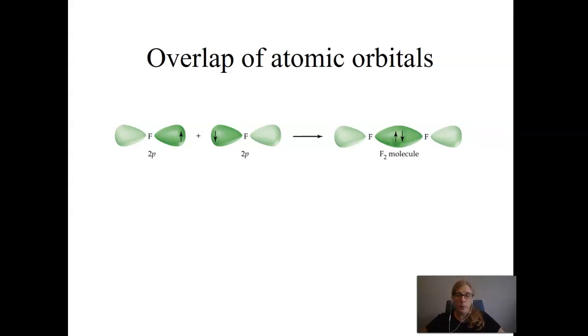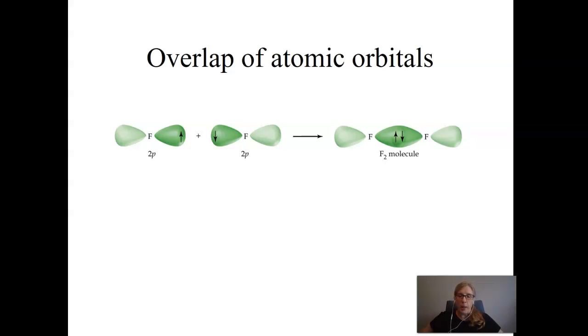Here's another example of an overlap of atomic orbitals to create a covalent bond. The electron configuration of fluorine is 1s2, 2s2, 2p5. And so within those three propeller-shaped orbitals of fluorine, there's a pair in the first box or orbital and a pair in the second box or orbital, and then there's a single electron in the third box or orbital.